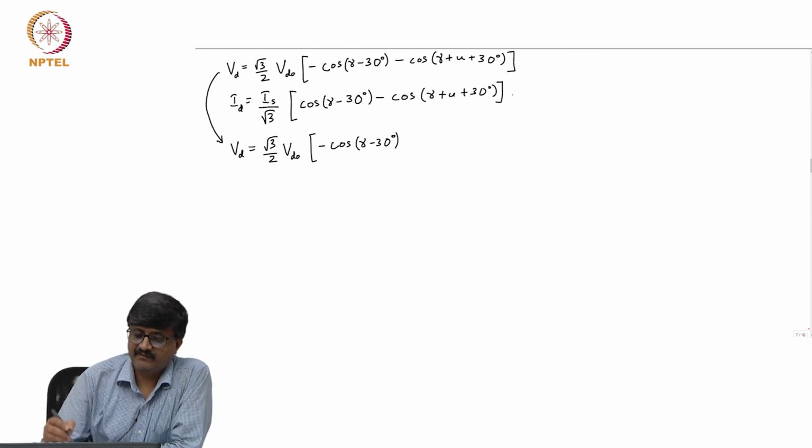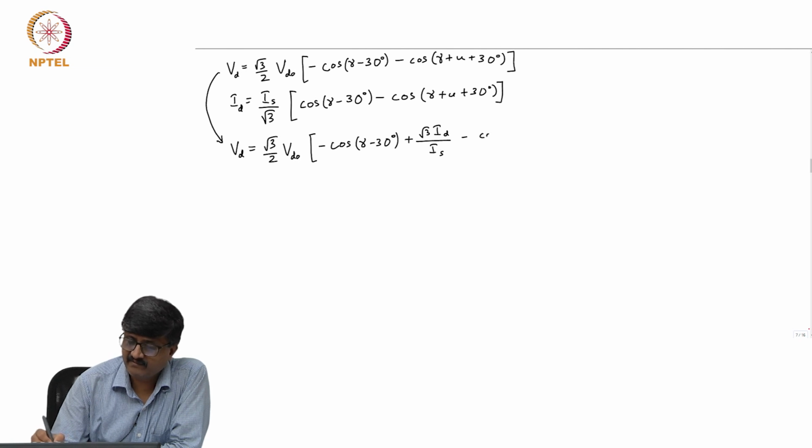So, if I do that, I get plus root 3 ID by IS minus cos gamma minus 30 degrees.